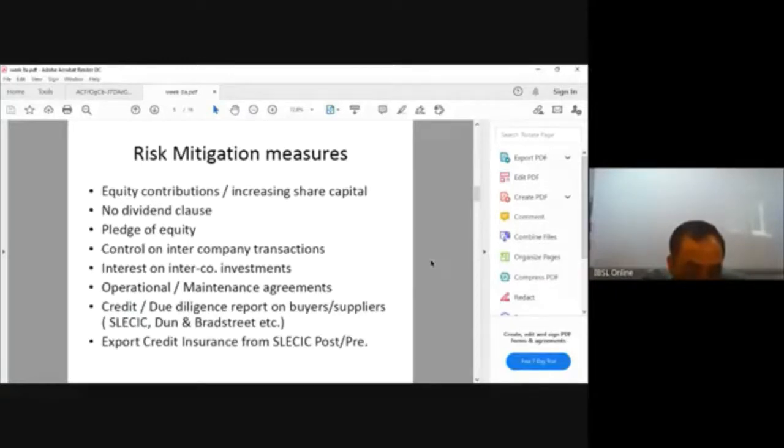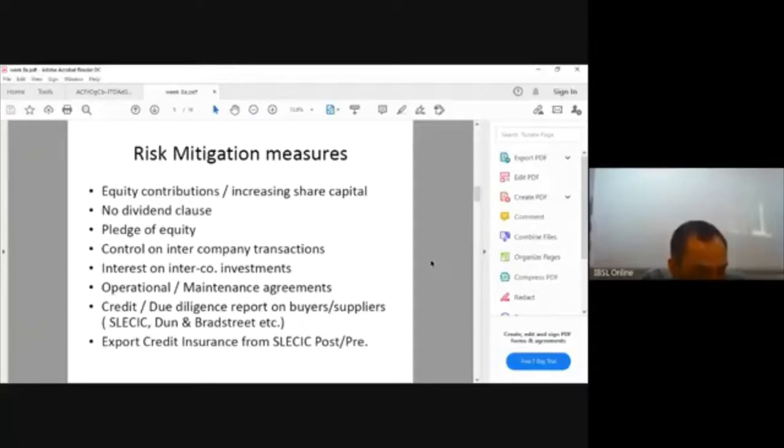There is a thing called the Sri Lanka Export Credit Insurance Corporation. It's called SLECIC. What they do is give insurance or guarantees for customers to go and borrow from financial institutions, right? So they facilitate, let us say, an exporter of cinnamon.